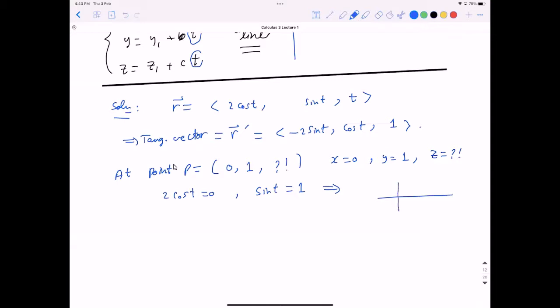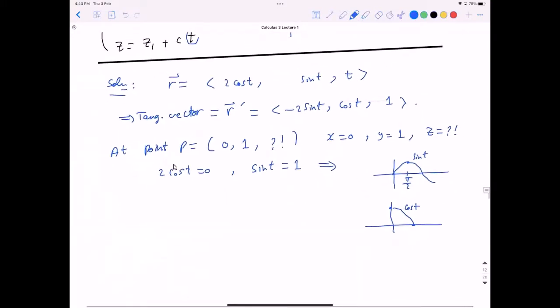Okay, pi over 2, exactly. Sine 0 is 0, sine pi over 2 is 1. The cosine begins, cosine 0 is 1 and goes down.